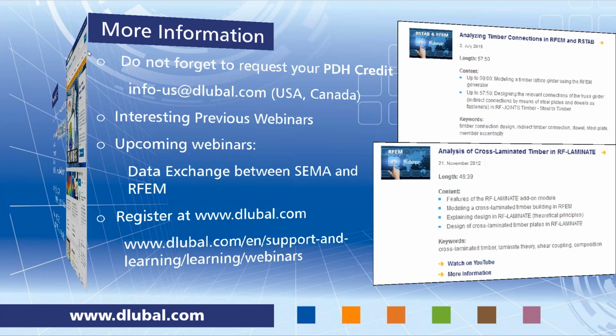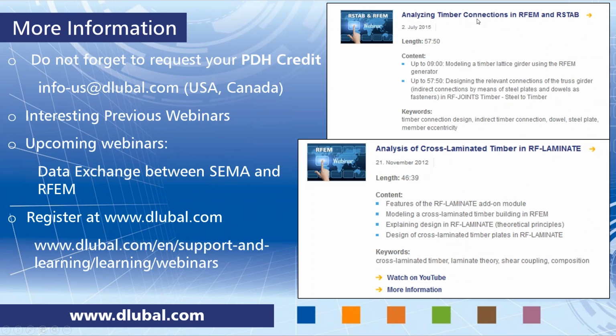I come back to this slide: the analysis of timber connections in RFEM and Airstab, the cross-laminated one, and the third one, analyzing timber structures in Airstab, might also be interesting to you. And I did show you the upcoming webinar already. This is data exchange between CMAR and RFEM, so this is upcoming soon.